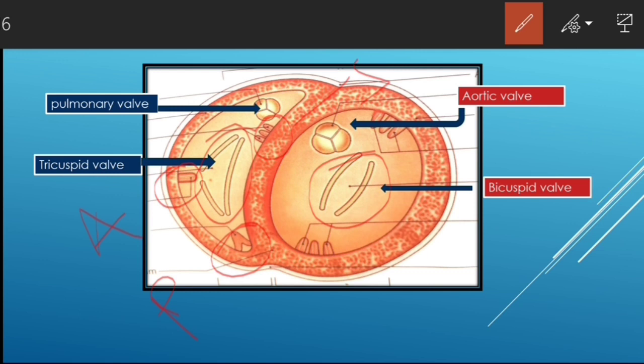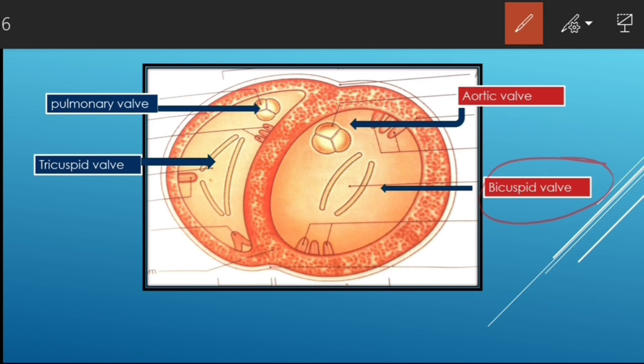So the tricuspid valve has three cusps and can admit three fingers: the anterior, posterior and inferior. Now the bicuspid valve has two cusps, a large anterior or aortic cusp, and a small posterior cusp. This is the anterior side. It is also known as the mitral valve.